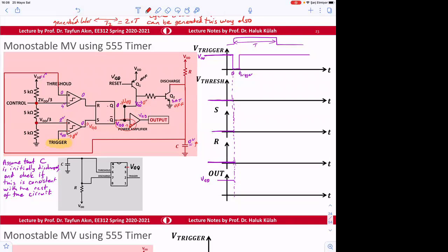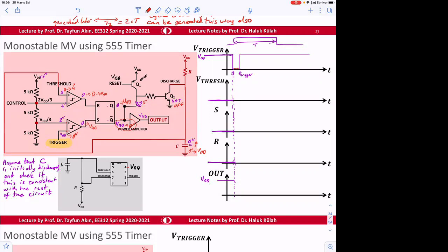The capacitor wants to go from 0 volt to VDD. That's the goal of the capacitor. So initially it's 0, but then this goes from 0 to a larger voltage. As soon as it reaches 4 volts, then reset will be changing its position. It will remain 0 first, and then it will go to VDD.